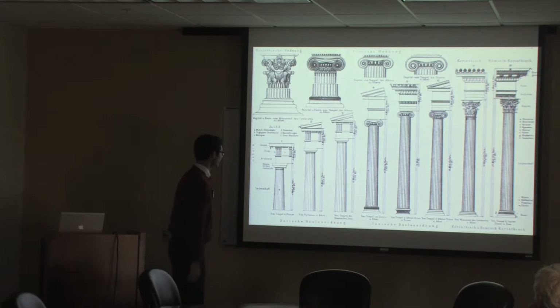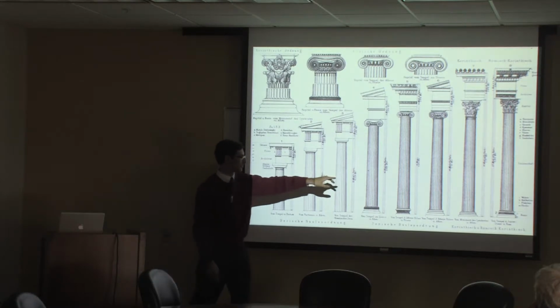Now, you'll see here that this is the edge of a temple, and it's divided into two main parts, and then each part is divided into smaller parts. There are so many terms that I'll just cover the basics. So here you have the column, and the column on a Doric only has two parts, but the rest of them have three.